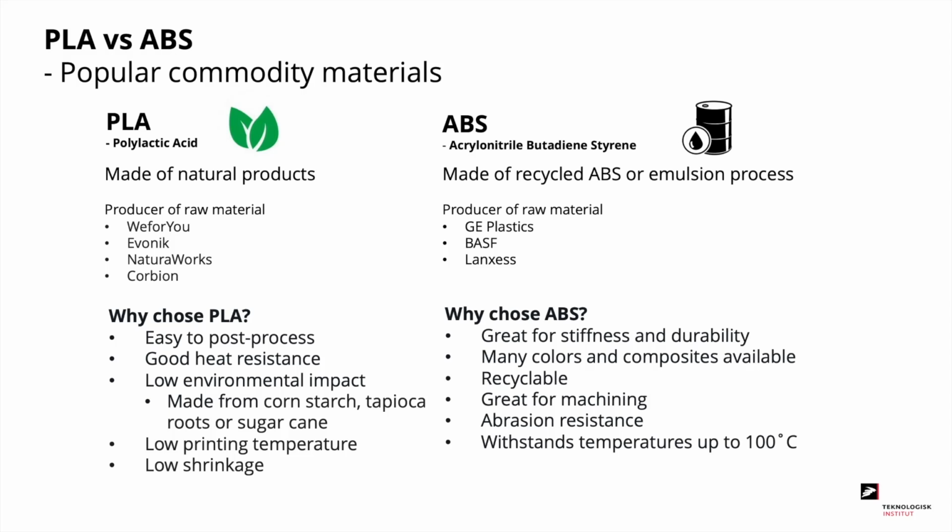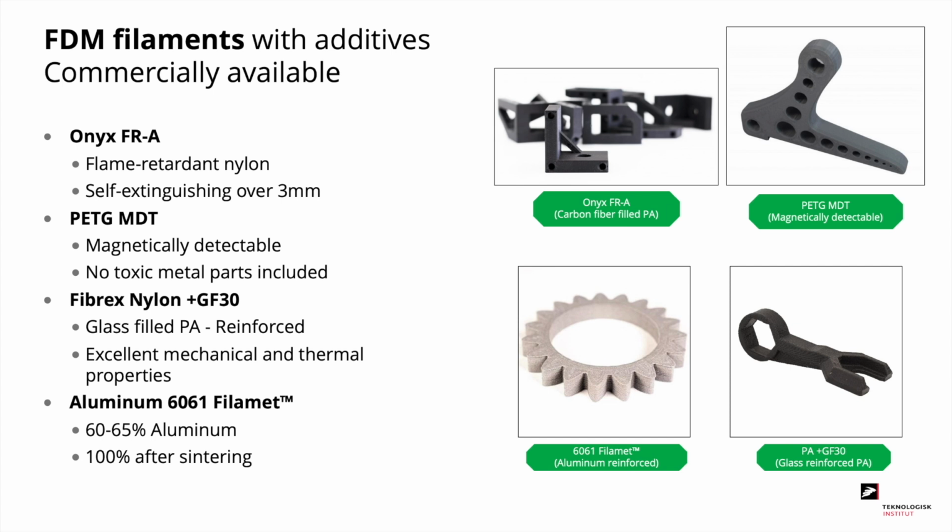It has great stiffness and durability, it can be recycled multiple times, it is great for machining, and it has a higher temperature resistance. In addition to standard filaments, you can get filaments with additives. This could be carbon fiber filaments, magnetically detectable filaments, aluminium reinforced or glass reinforced filaments. All the materials listed here are commercially available.